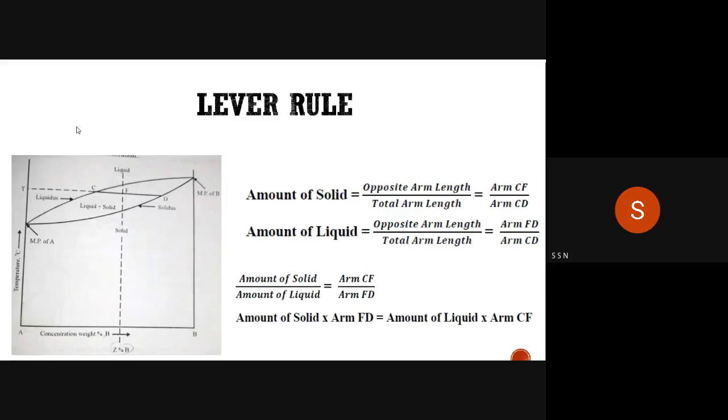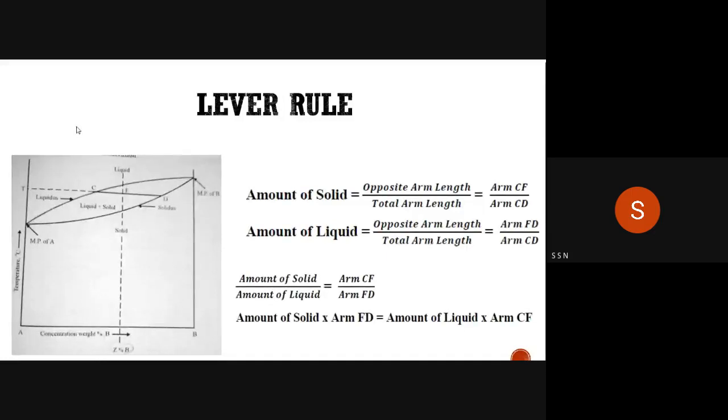This is the lever rule. Also, you can simplify this lever rule by doing some calculation. That means the amount of solid divided by the amount of liquid. You will get one formula: arm CF divided by arm CD, divided by arm FD divided by arm CD. Arm CD will be cancelled out and the remainder will be arm CF divided by arm FD.